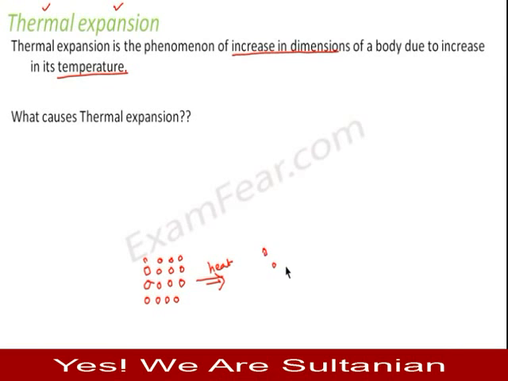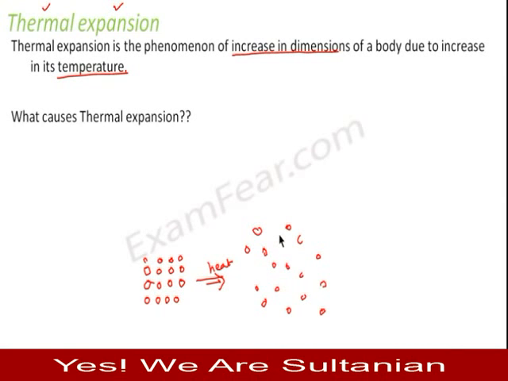The molecules start moving randomly here and there. Even though the number of molecules remains the same, they are moving randomly and are not placed orderly one after the other. As a result, they are keeping a greater average distance from each other.